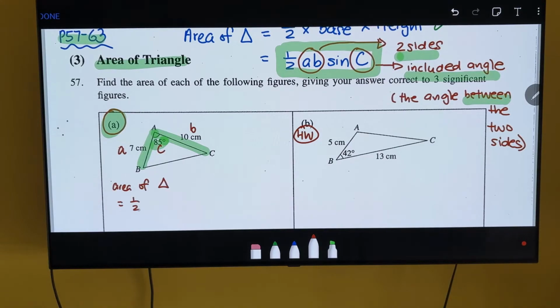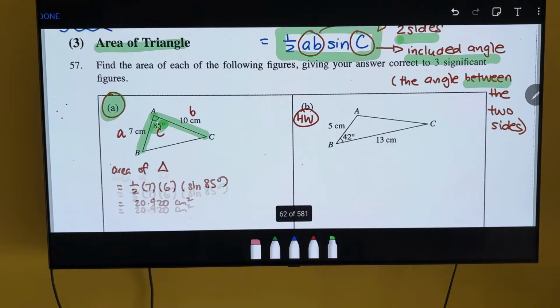Half, now A is 7, B is 10, C is 85. So from here, let's place all the values into the calculator. Let's do it together. And we will end up with 20.920 cm squared.